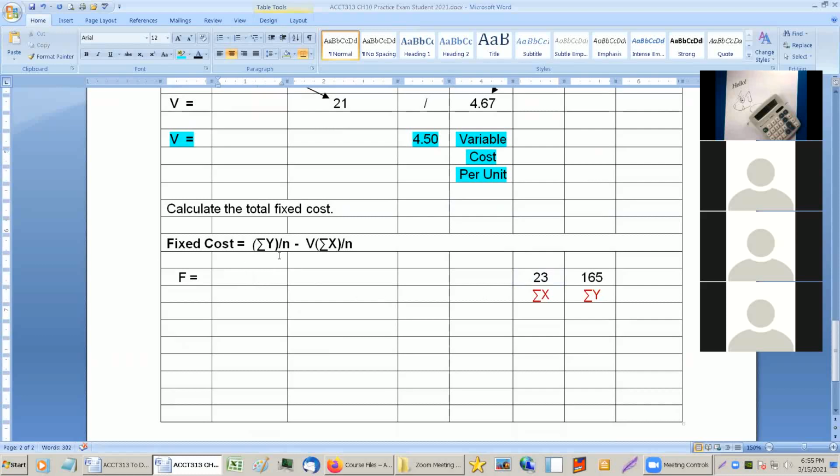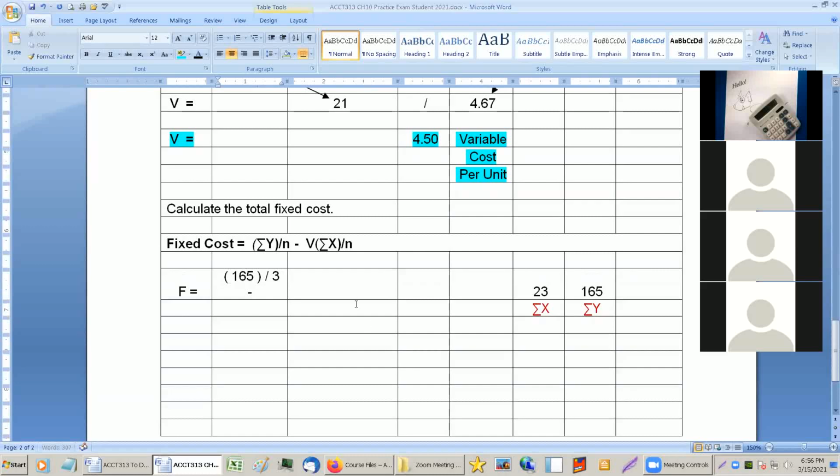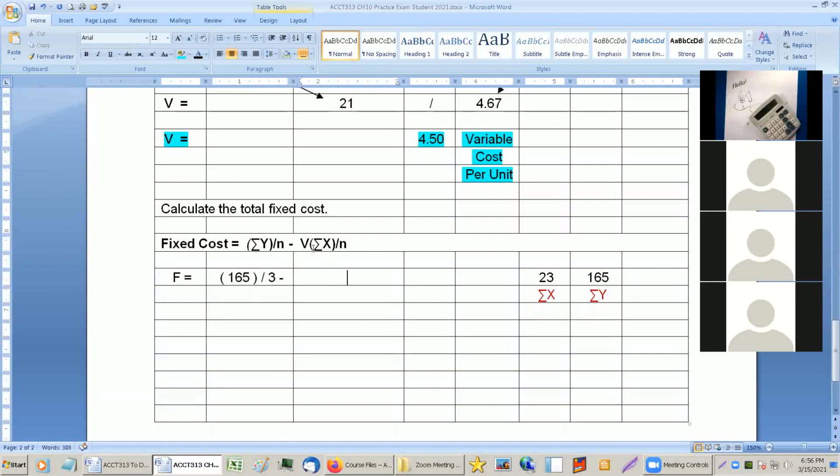Okay, so summation of y, 165, divided by n, which is 3, minus that. Now the v is going to be the variable cost.